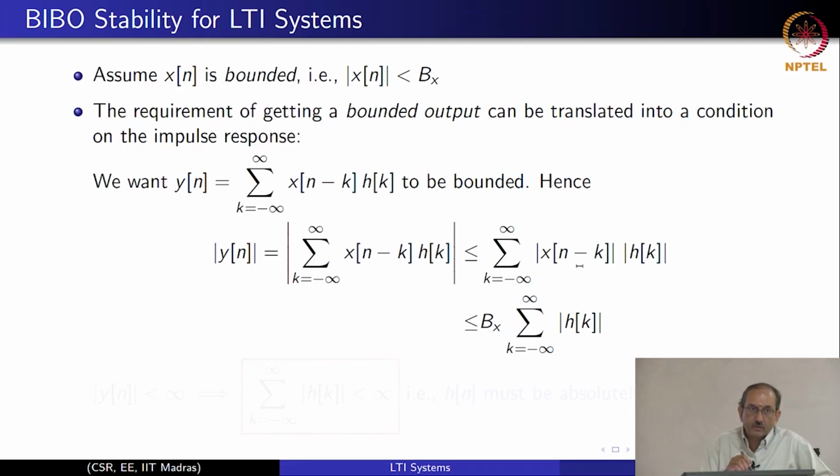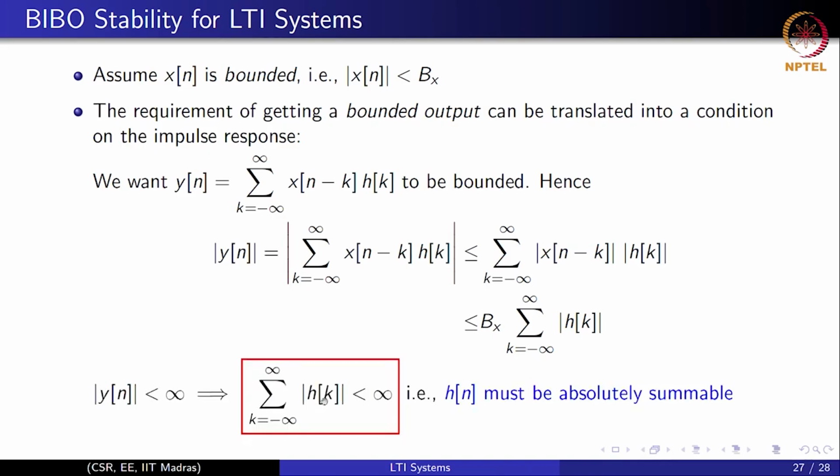You can always upper bound this by the bound on the input, and you get this. And if you want this to be finite, this leads to the condition that this has to be absolutely summable. Only if this is true is the system BIBO stable. Therefore, the condition on the system, namely bounded input must produce bounded output, is translated as a condition on the impulse response, namely it being absolutely summable. The counterpart of this in the continuous time case is that the impulse response must be absolutely integrable.